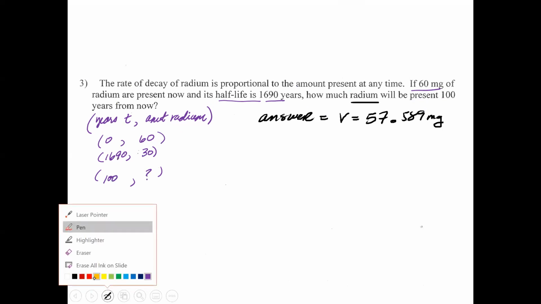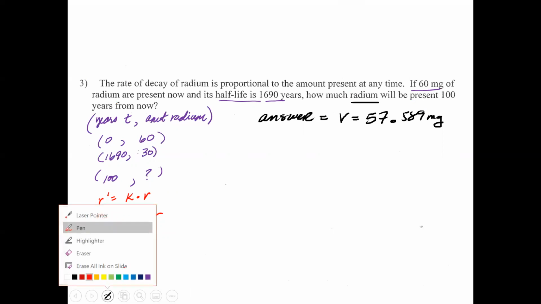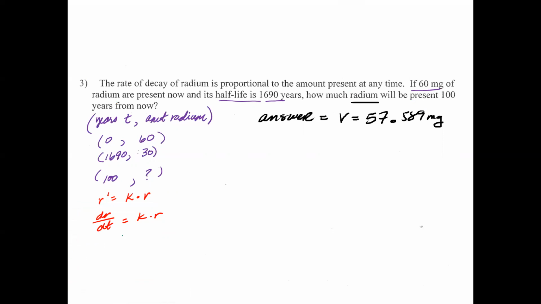All right, so my equation is going to be the amount of change of radium is equal to K times R, which means I'm going to have dR over dt equals K times R. Now you want to separate them, so I'm going to move the dt over to the right side, so I have dR divided by R equals K times dt.